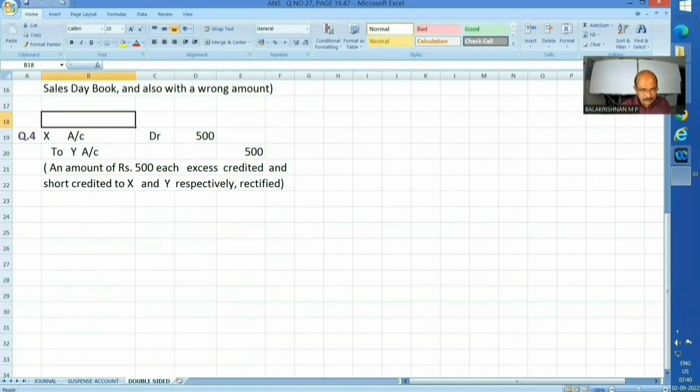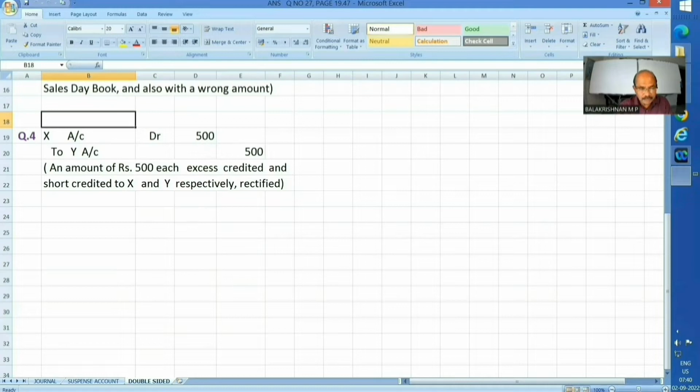Reason is 500 each. X credited excessively and Y short credited. That's all. Is this not clear? See, purchase means party has to be credited. X should have been credited with 3,500 only, whereas he has been credited with 4,000.